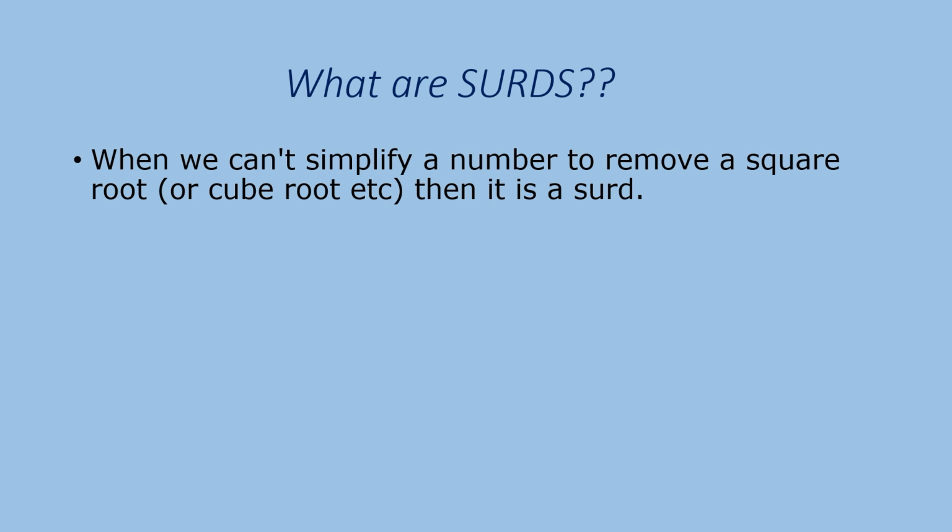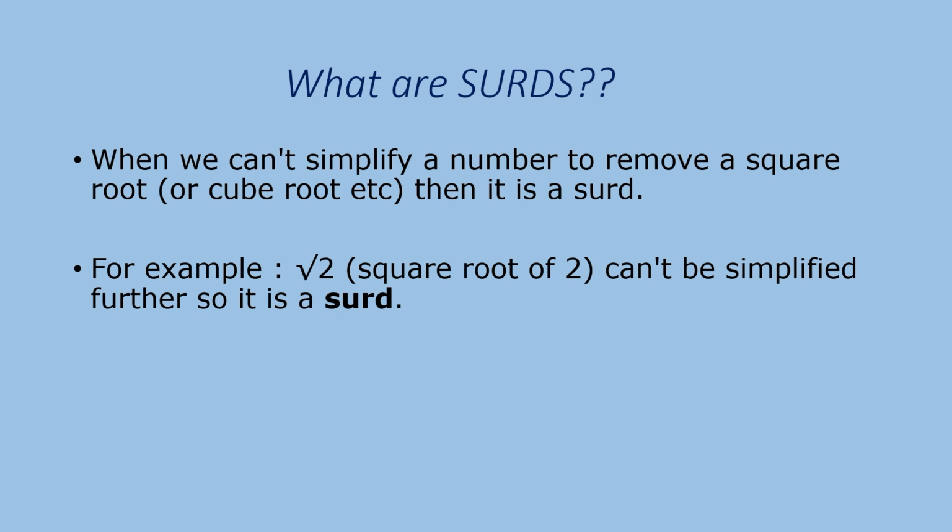No, they are not surds. When we can't simplify a number to remove a square root or a cube root, then that is a surd. For example, square root of 2 can't be simplified further, so root 2 is a surd.